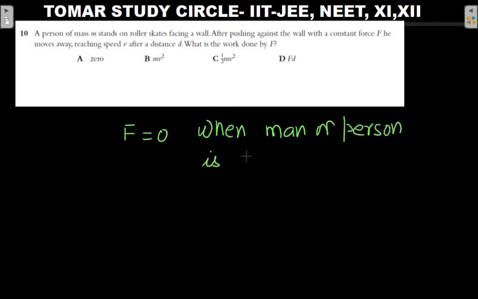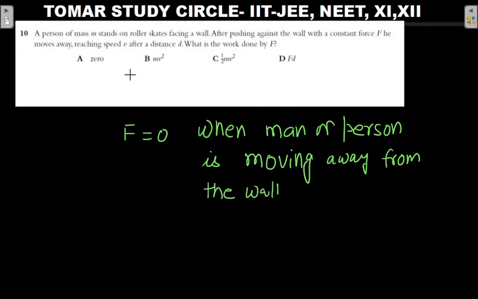Since during the displacement of the person, this force F acts on the man, hence the value of F will be 0 when the man or person is moving away from the wall, since this force F only acts at the time of contact with the wall.